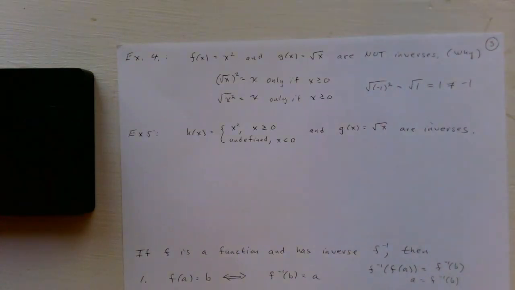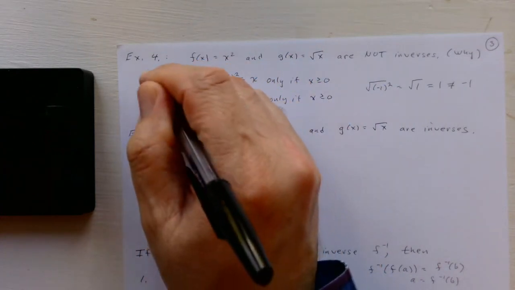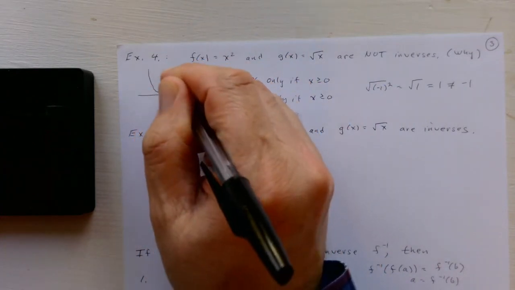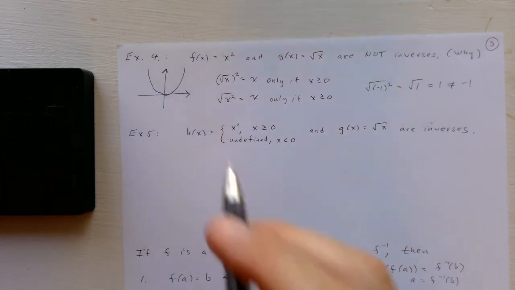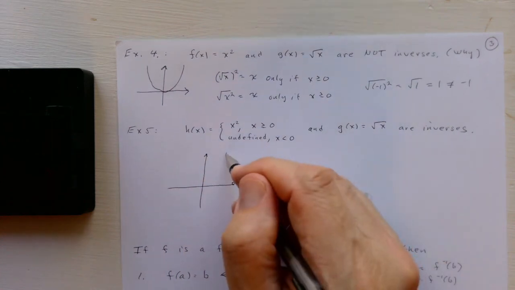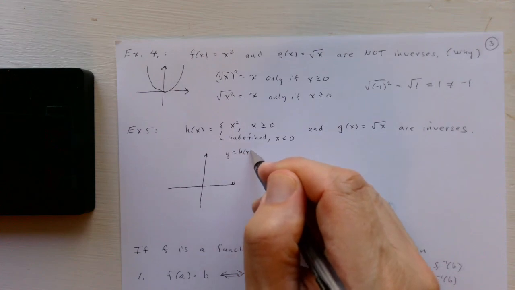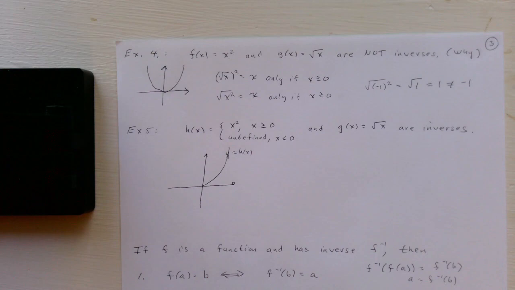And just to go back up here, if we look at the graph of x squared, we know what it looks like. It's this parabola, and that clearly does not pass the horizontal line test, so this is not one-to-one. So there's no inverse possible. But if we graph this function y equals h of x, then we just get this right half of the parabola.